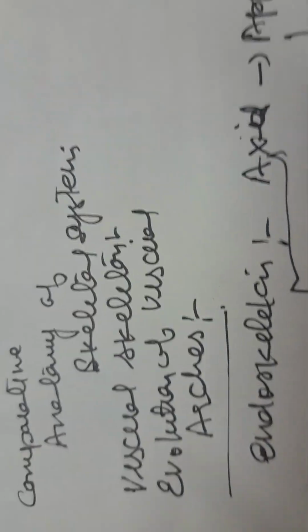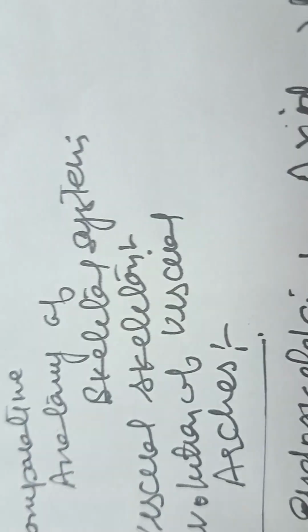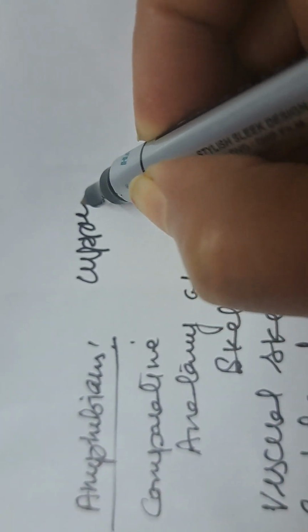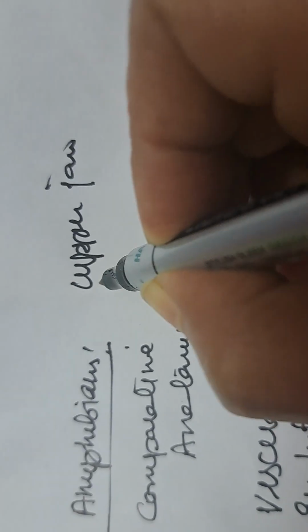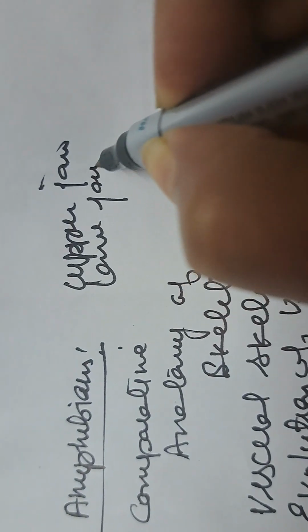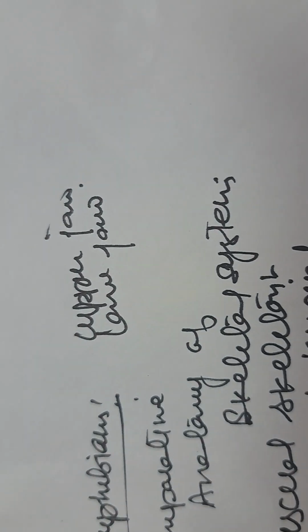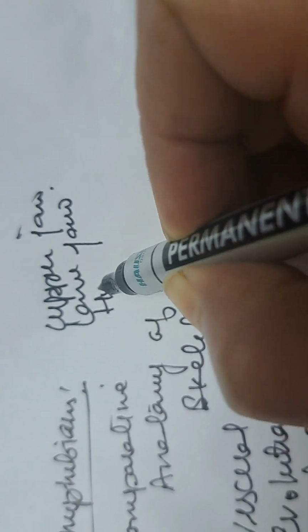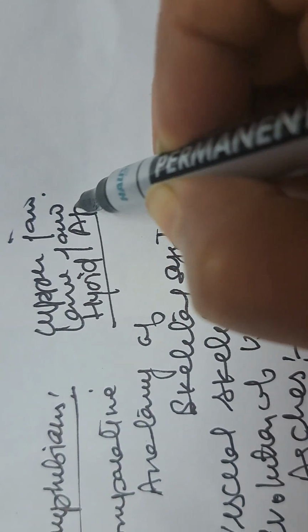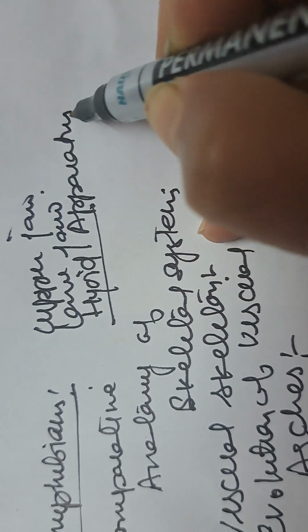The visceral skeleton is formed of upper jaw, lower jaw, and another part forming the visceral skeleton in amphibians, that is the hyoid apparatus.